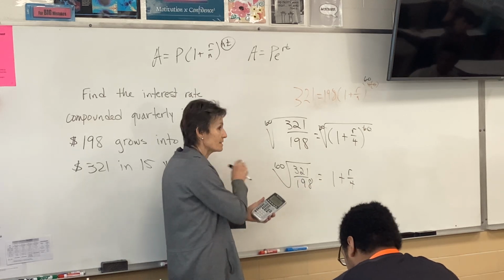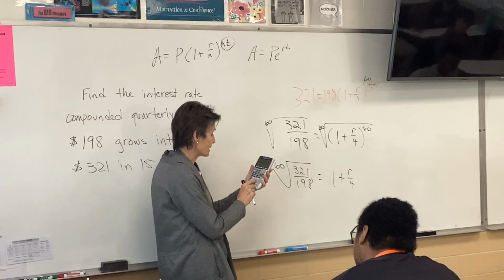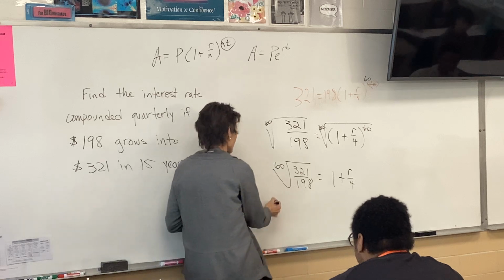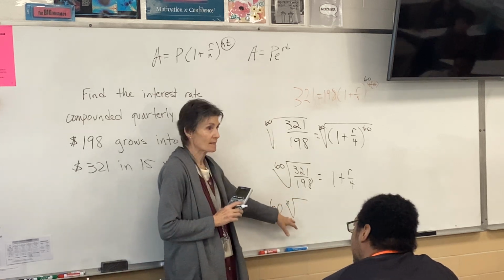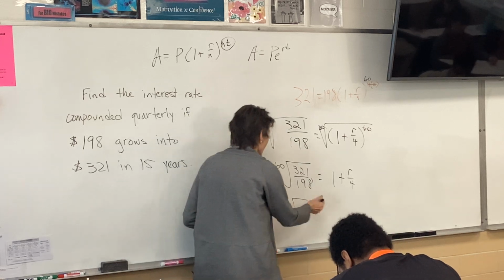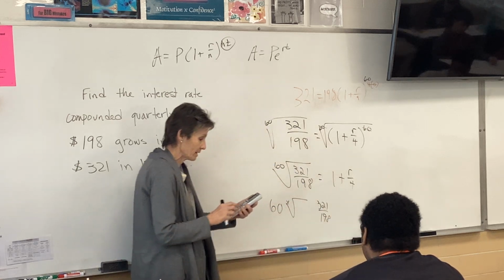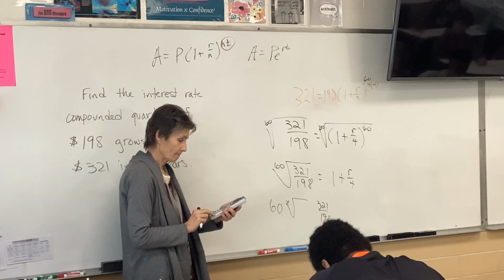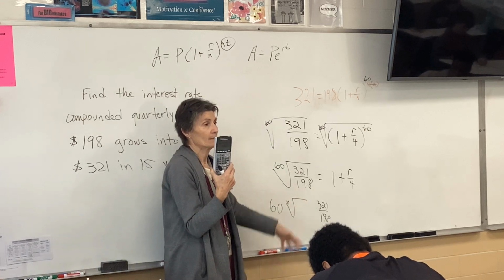To get the 60th root, depending on your kind of calculator, I'm gonna press 60, and then math, and pick the X root button. Those of you with the new calculators, you use that button. 60 goes here, and then 321 divided by 198 underneath that radical. And you're going to get an answer when you do that.